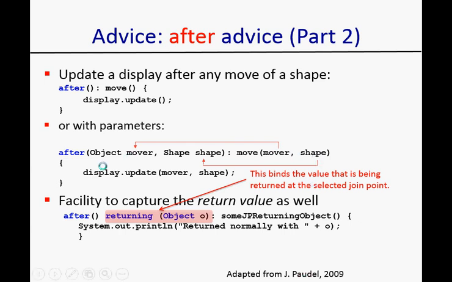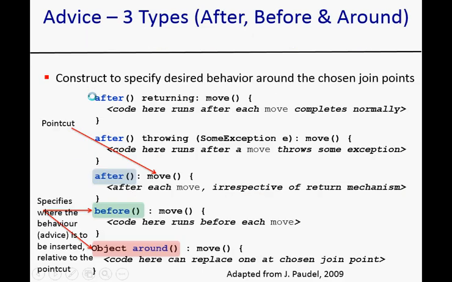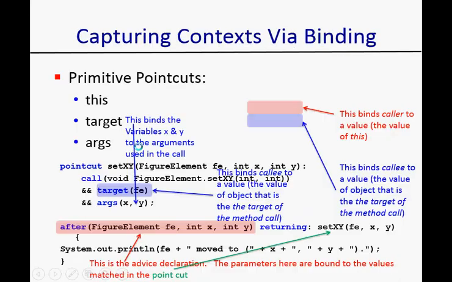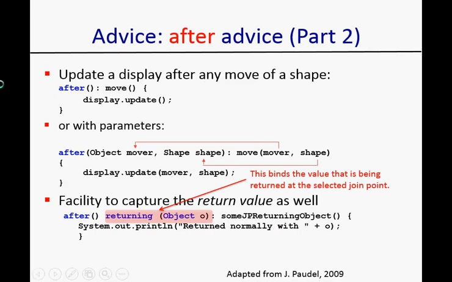And that's used, and then we'll call display update using this information. Or if we don't need to do that, as was the case back here, if all we want to do is call display update, then whenever one of these move point cuts is realized, we'll just call display update. Boom. This is a more sophisticated one. And not only that, we can actually capture the return value, ladies and gentlemen, of a given method if we want.